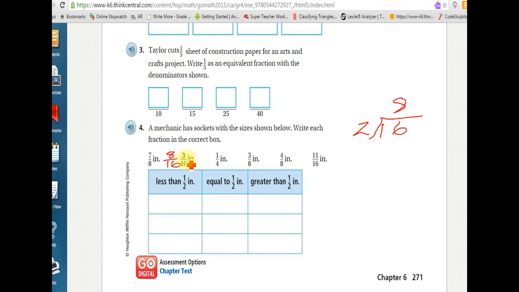So is 3/16 less than 8/16, exactly equal to 8/16, or greater than 8/16? Well, 3 is obviously less than 8, so we go to the less than. It's less than half. So we put 3/16 in the less than box. Okay, I'm going to delete and I'm going to go over one more example.